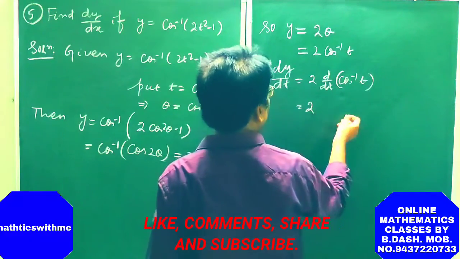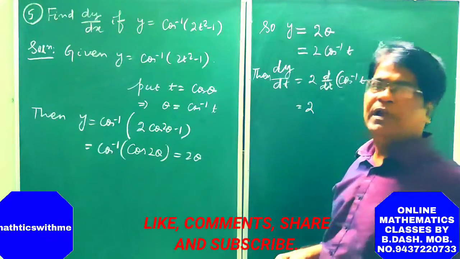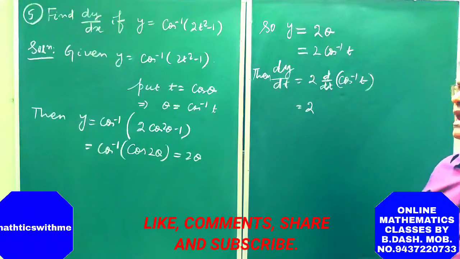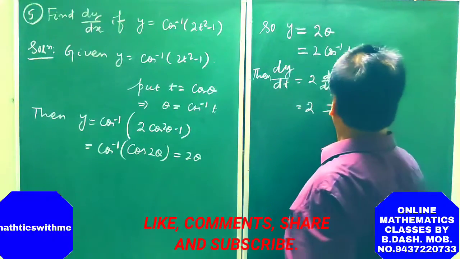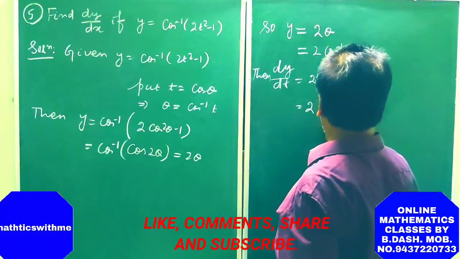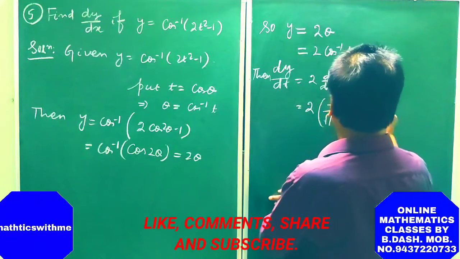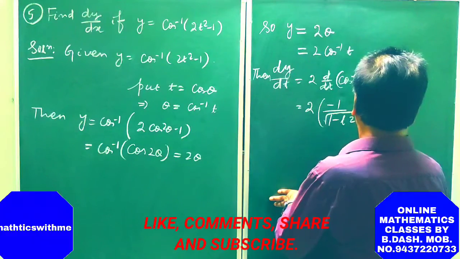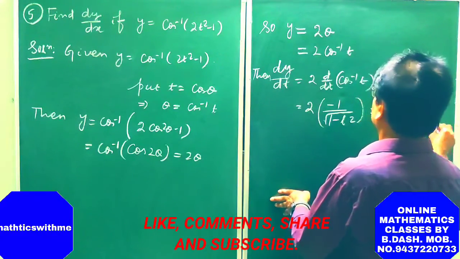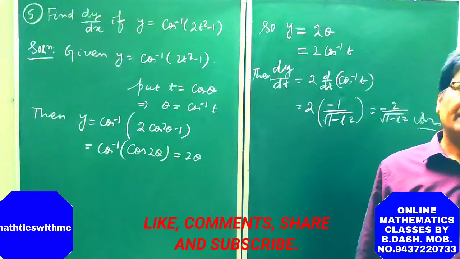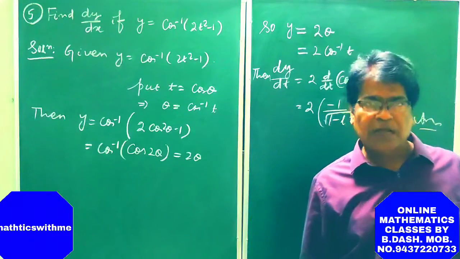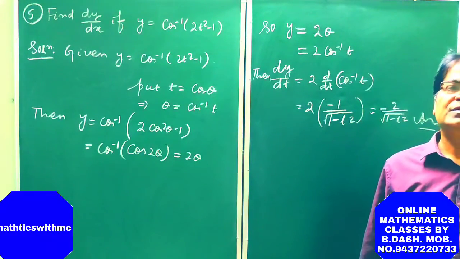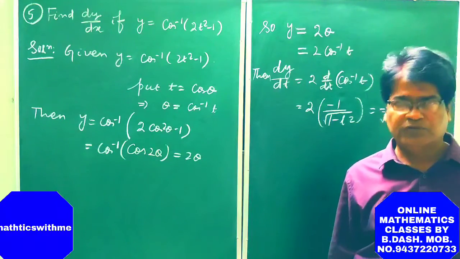This is 2, and you know the derivative of cos inverse t is minus 1 by square root of 1 minus t square. So this is minus 2 by square root of 1 minus t square. Answer. So our fifth problem is now solved.